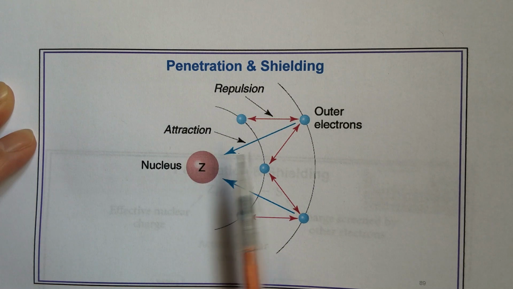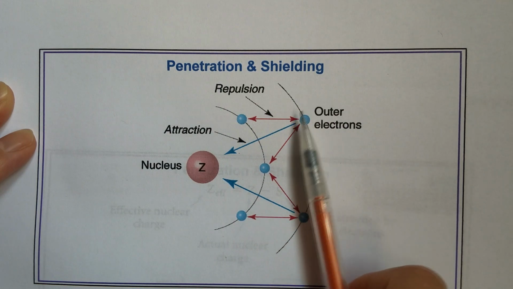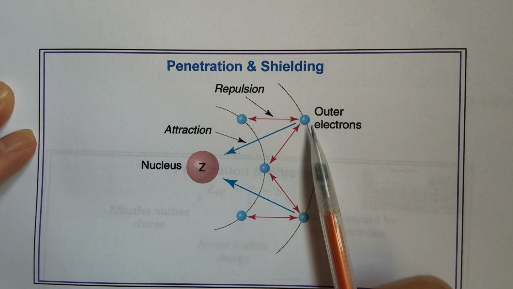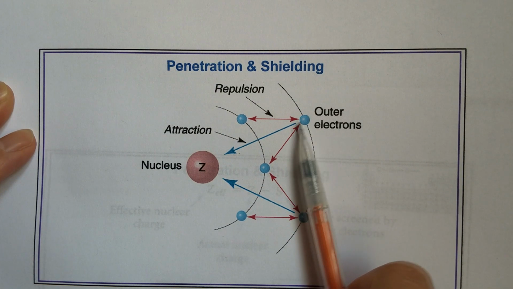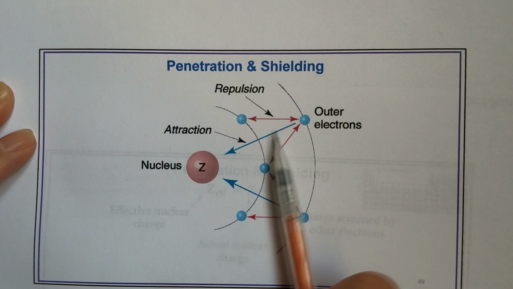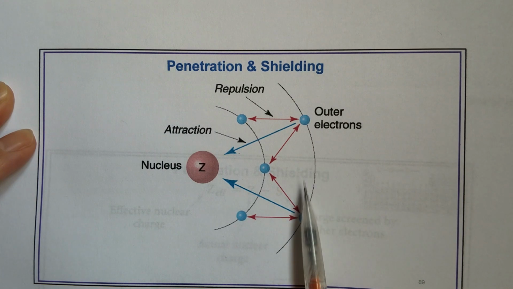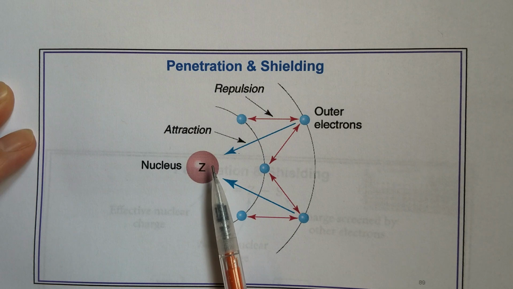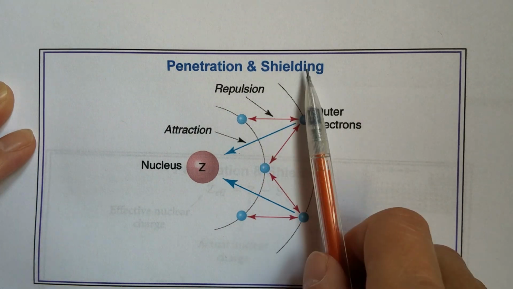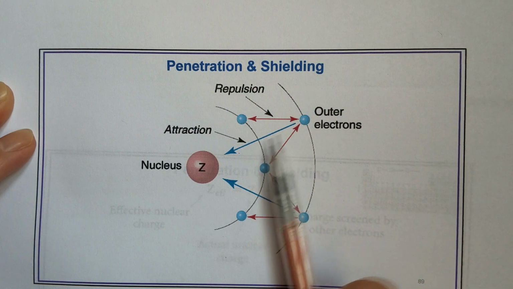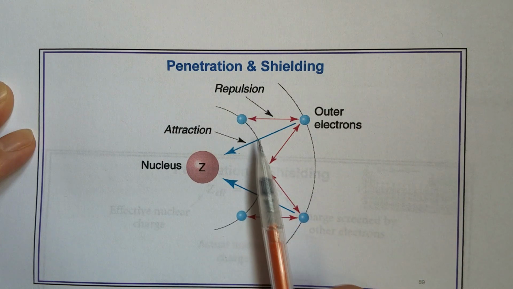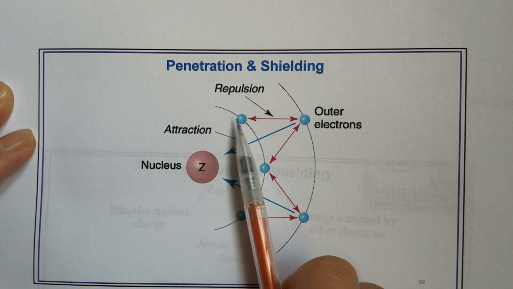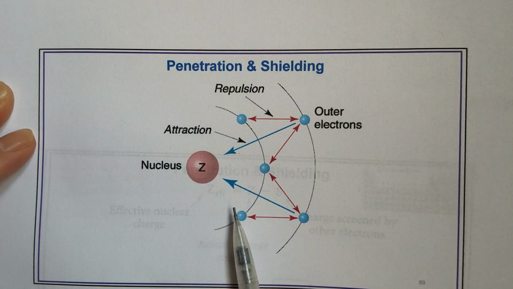But there is a problem for the outer electrons, or the electrons in the outer shells. The attraction between those outer electrons and the nucleus is weakened. There is a shielding effect, which means if they go further in, that's called penetration. But there are inner electrons or core electrons.